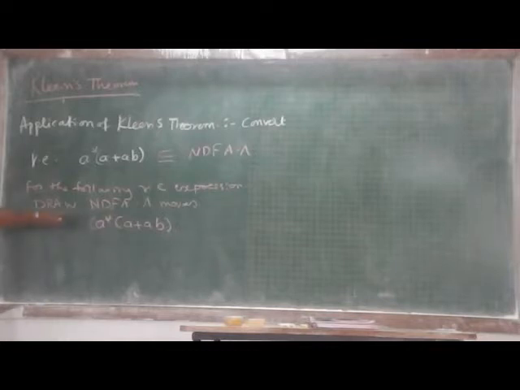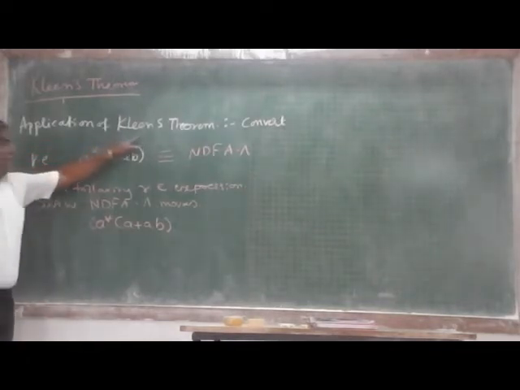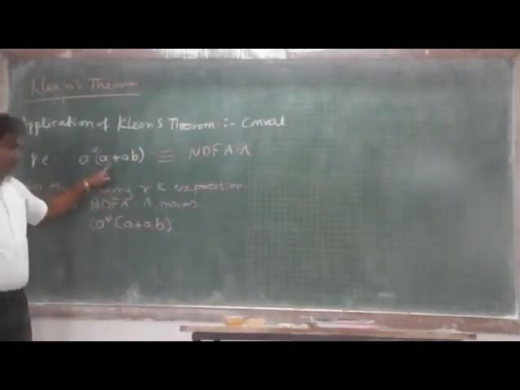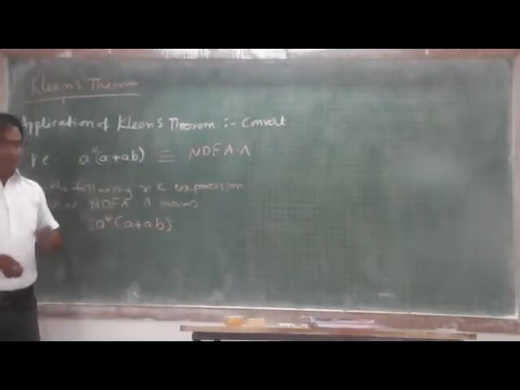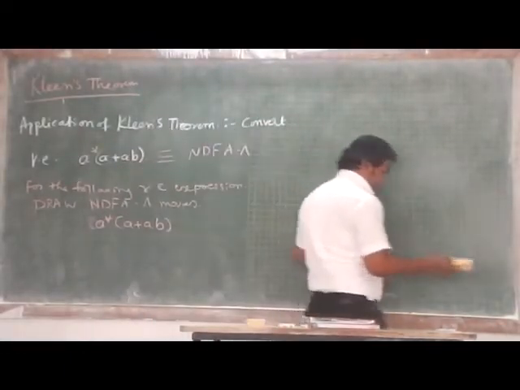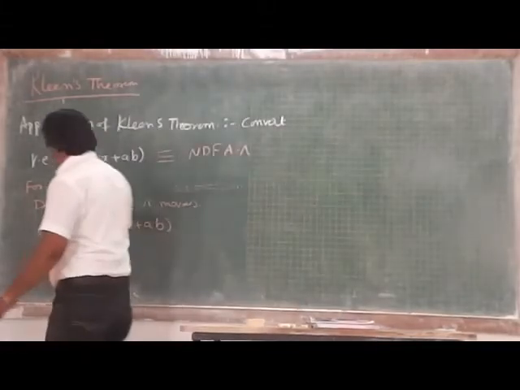You are supposed to draw an NDFA with null moves for this regular expression. In short, Kleene's theorem gives us a method to convert a regular expression to NDFA with null moves. We will see how we can go for the conversion.